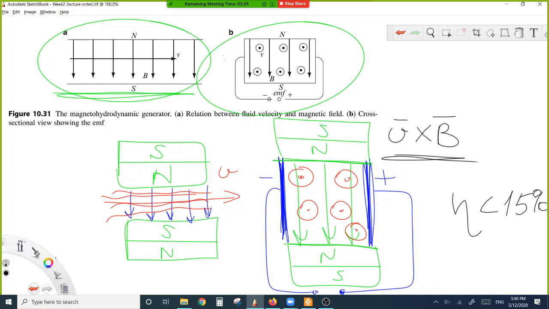But in spite of the low efficiency, the system can be fully contained and can operate in closed circuits.